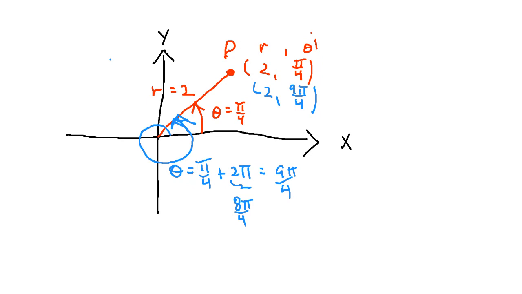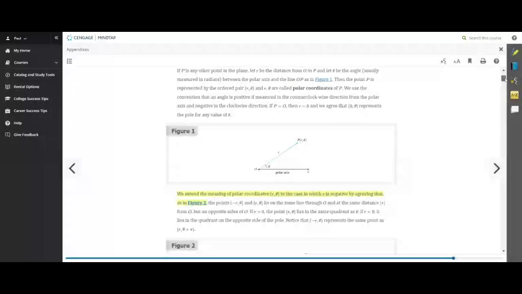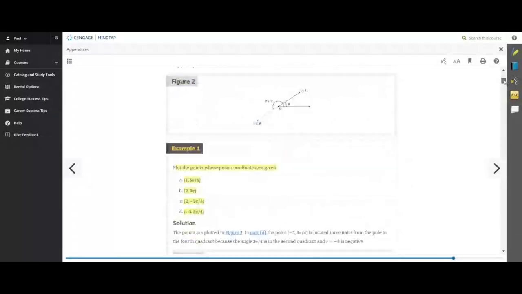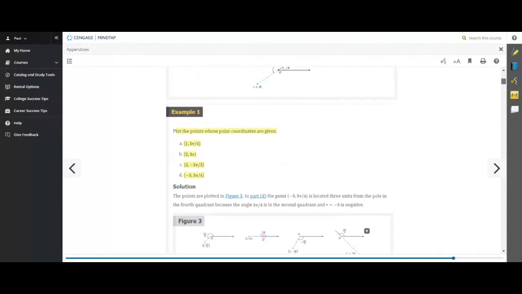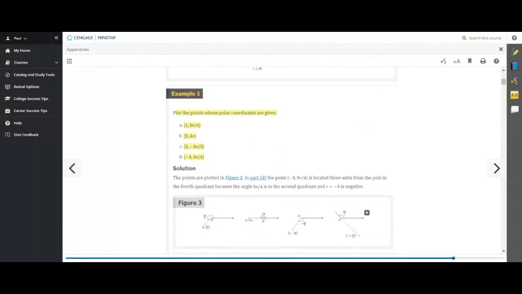So in example 1 in the ebook, they graph some polar coordinates. Let me go to the ebook here. In example 1, they want you to plot the points whose polar coordinates are given.